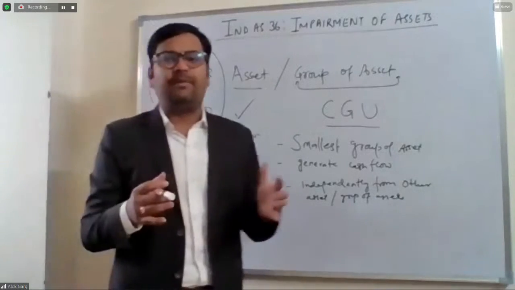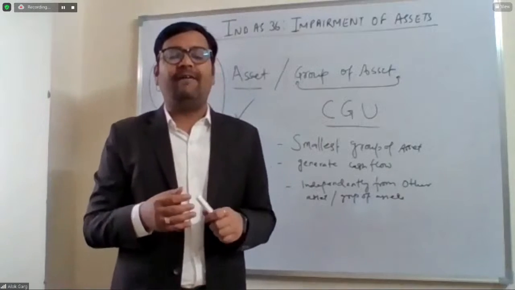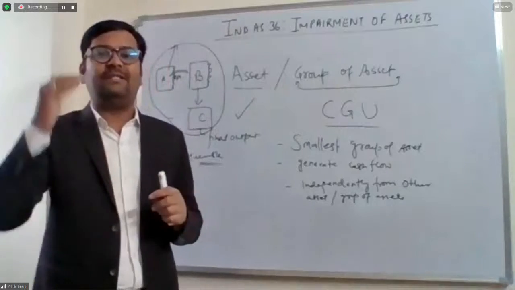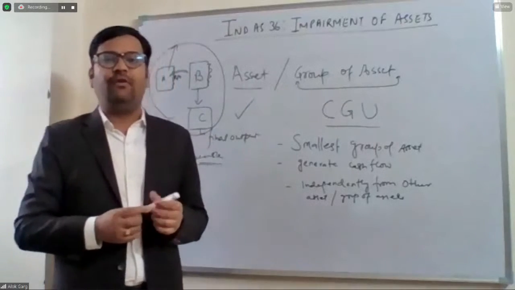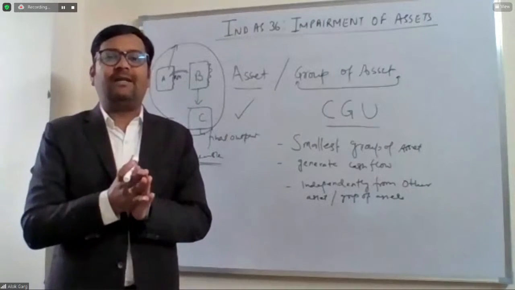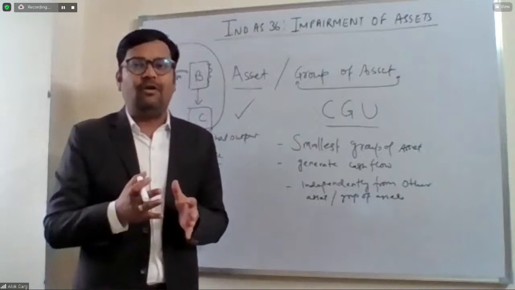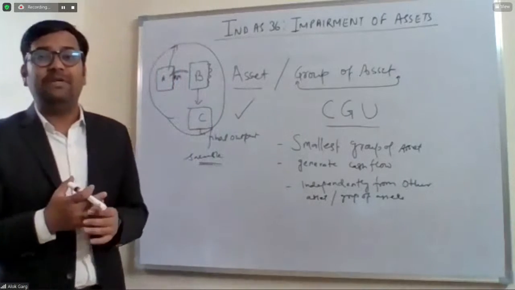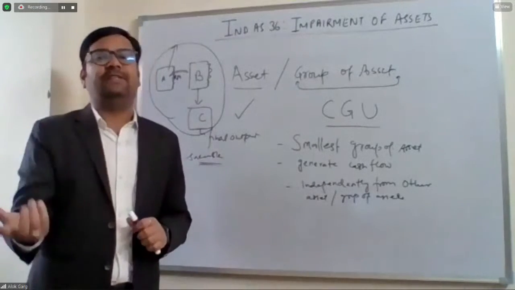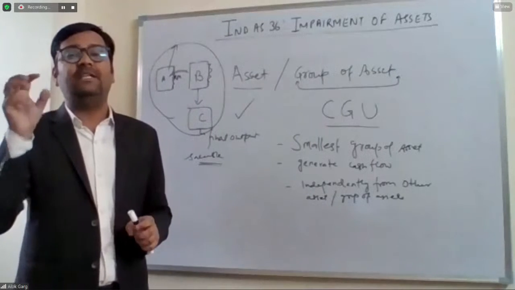So what is the concept? The concept is, first of all, you have to check the impairment testing. You have to check the impairment loss at an asset level. If the computation of impairment loss at the asset level is not measurable, in that case, you need to go for a group of asset to which that particular asset belongs.